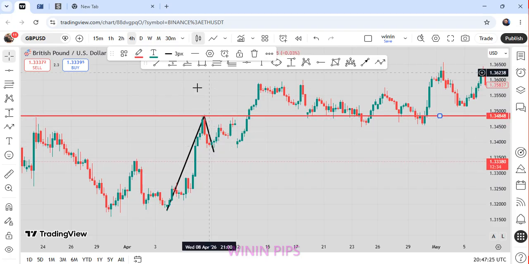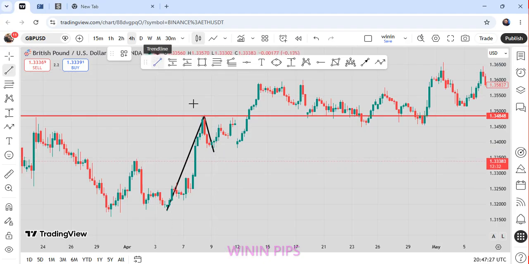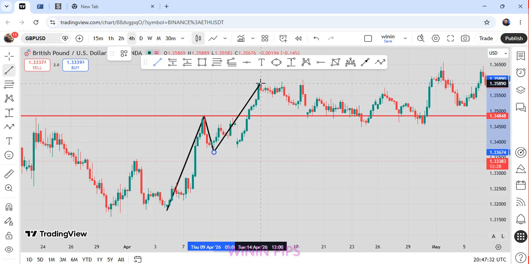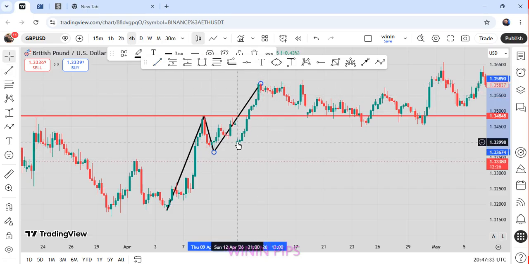So let's pick our trend line, then we cross. So you can see this particular candle, this one was Friday, the market closed, so it was open on Sunday, so there's a gap here, and it went back into a direction.